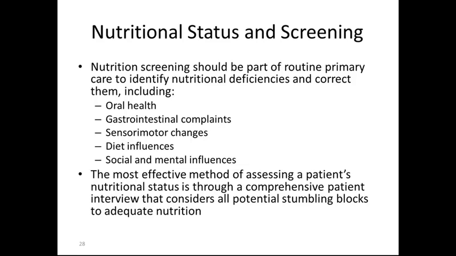The most effective method in assessing patients' nutritional status is a comprehensive patient interview that considers all potential stumbling blocks to adequate nutrition. A lot of times patients don't understand how to read food labels and assess nutritional value. So we encourage whole fruits and vegetables, and sometimes we teach them about reading food labels.